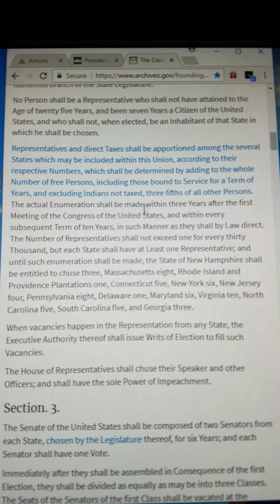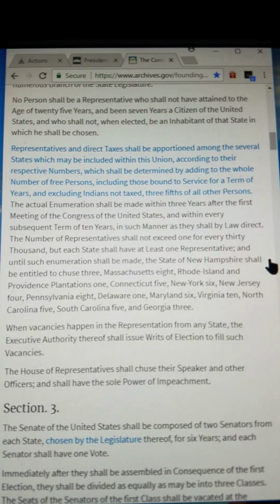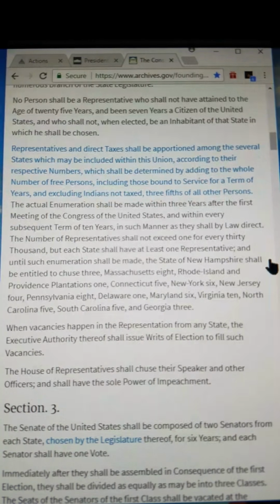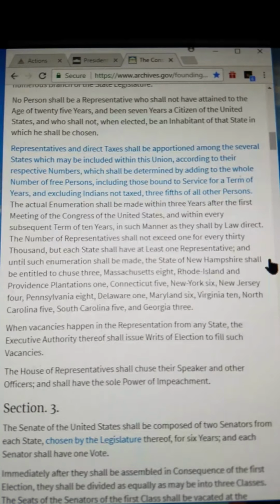The actual enumeration shall be made within 3 years after the first meeting of the Congress of the United States, and within every subsequent term of 10 years, in such manner as they shall by law direct.